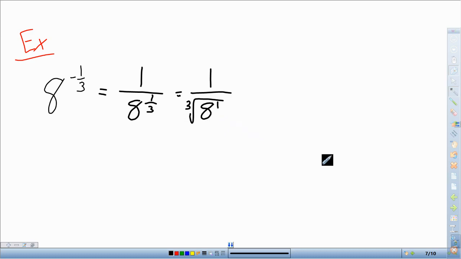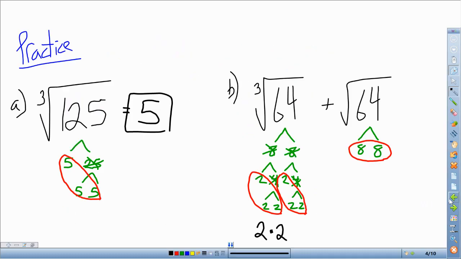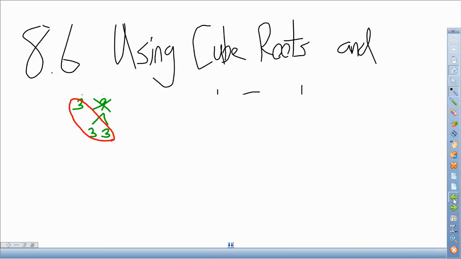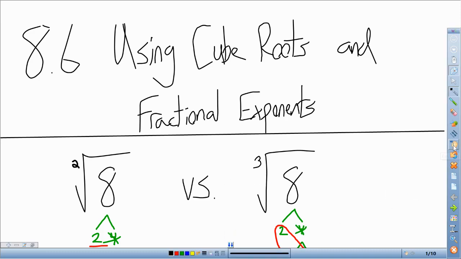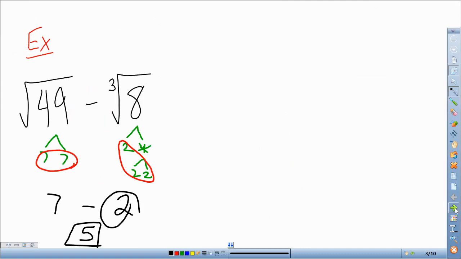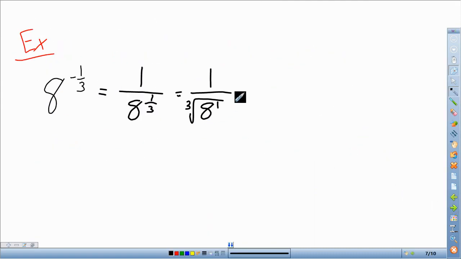And if you guys remember, we've solved the cube root of 8 twice on this already. Let me point out, cube root of 8, we did it here, it was 2. And then we also did on the very first slide, the cube root of 8 was 2 here. So what I'm trying to say is we could break this down and look for 3 of the same numbers, but we've already done this.